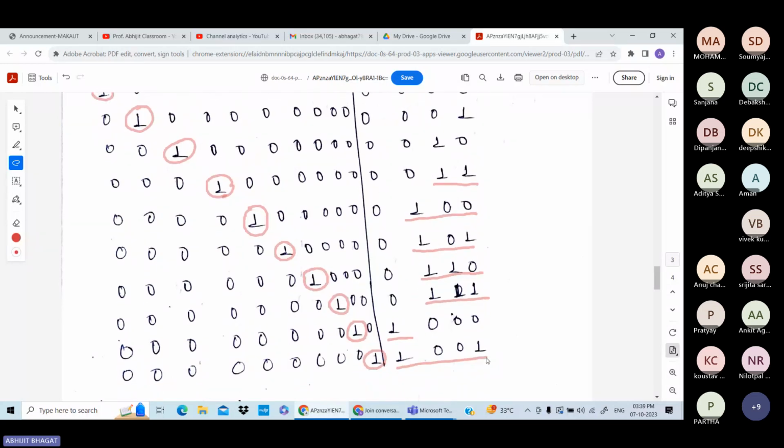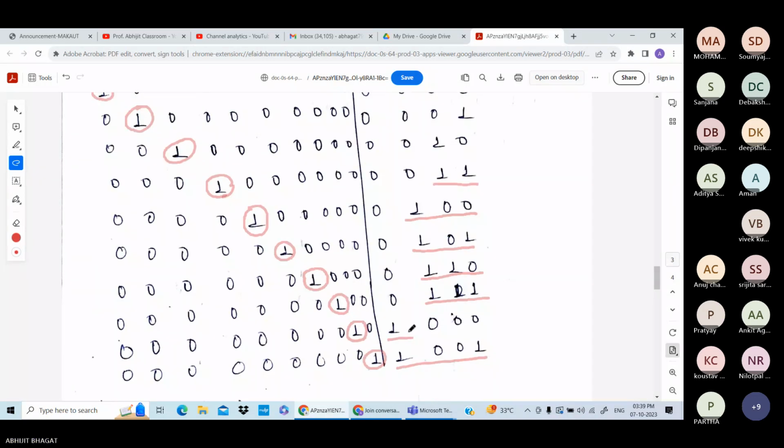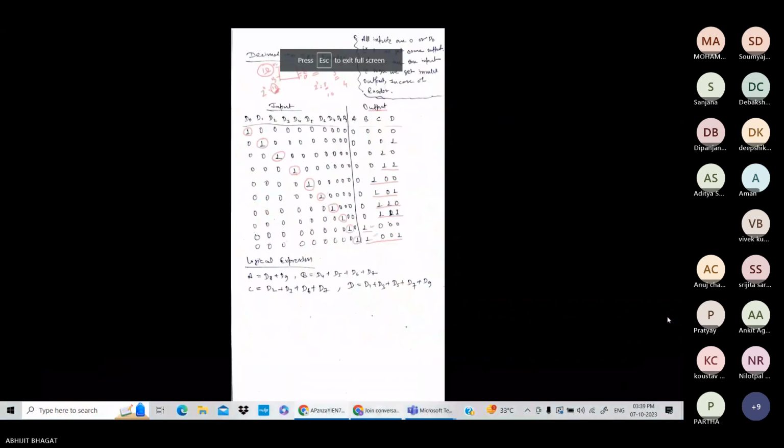Now, by using this truth table, you have to draw the logical circuit. For A, you can see where it is 1. It is 1 at this position and this position, so it is 1 for D8 and D9. Clear?